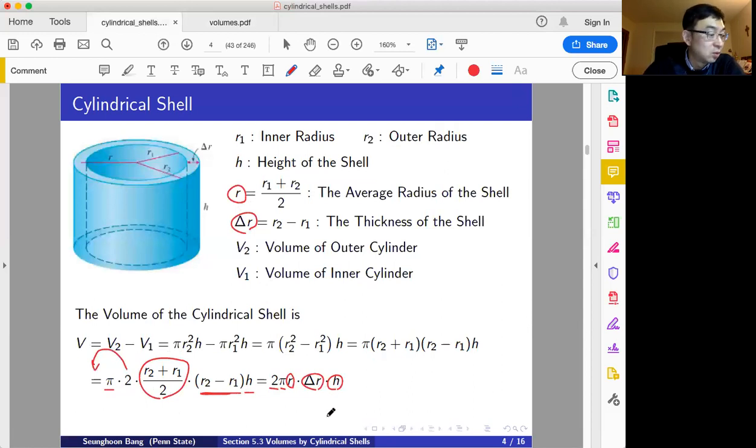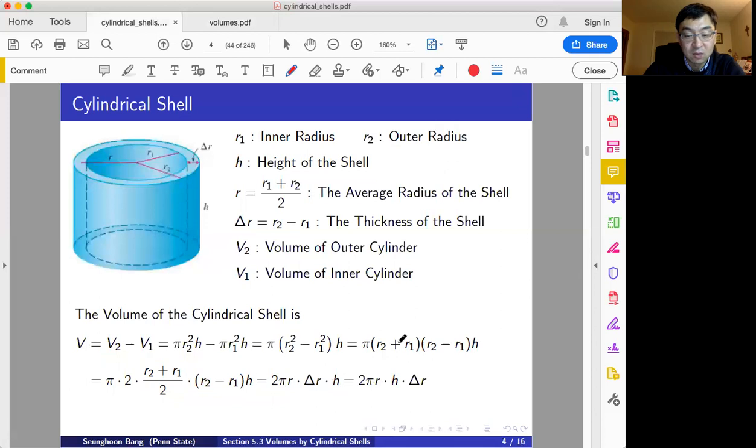We have 2 pi R delta R times H. So what is 2 pi R? The 2 pi R is circumference. Delta R is the thickness. H is height. We can interchange it. We have 2 pi R times H times delta R. 2 pi R is circumference, is right?